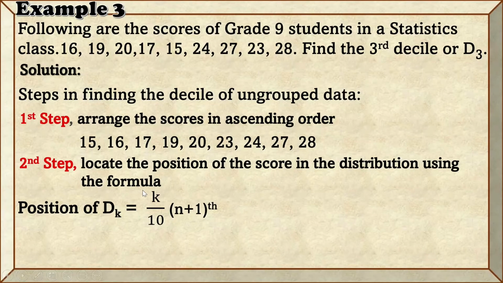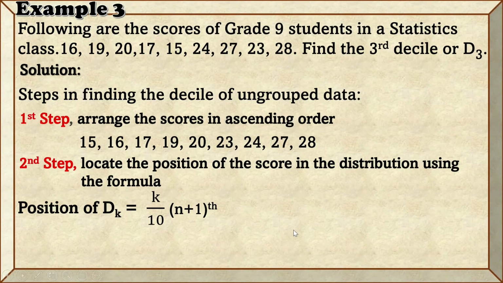Second step, locate the position of the score in the distribution using the formula. The position of D sub k is k over 10 times the quantity of n plus 1. By this time, our denominator is 10 because we are now in deciles, and deciles are the 9 score values that divide a distribution into 10 equal parts.